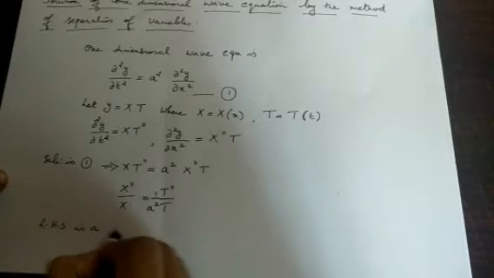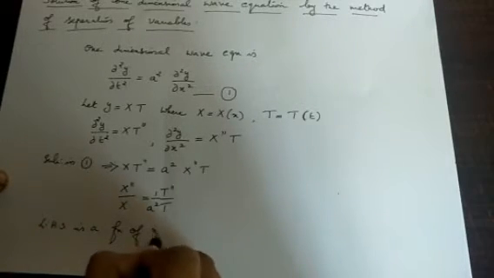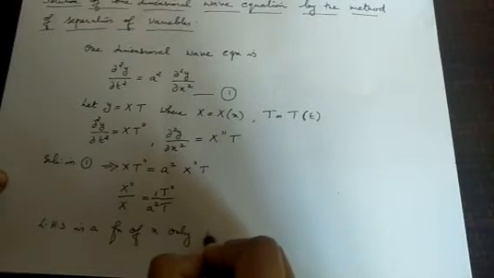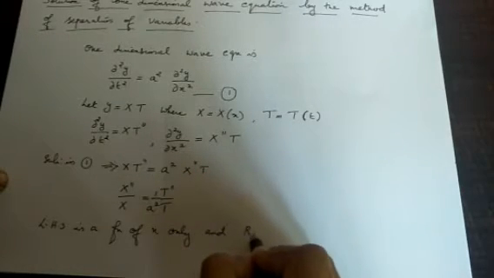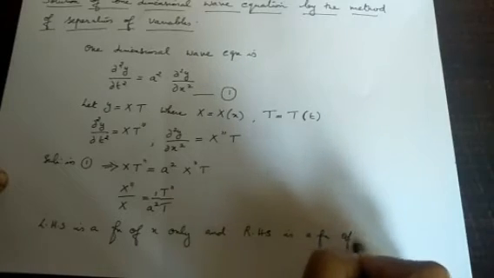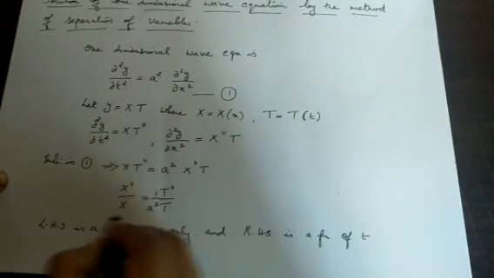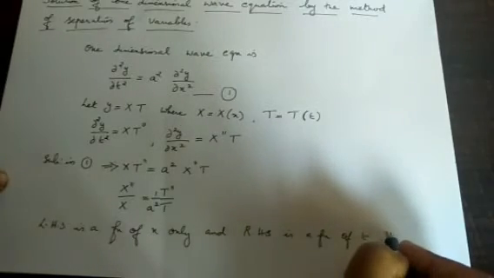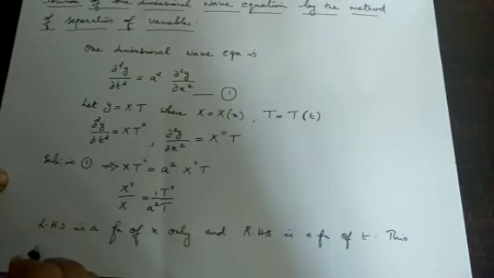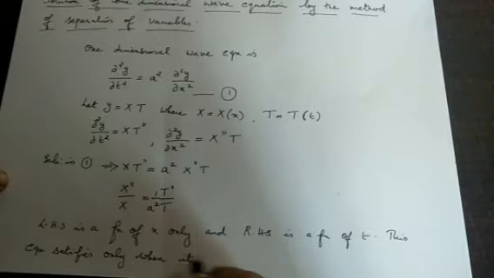Here the left-hand side is a function of x only and the right-hand side is a function of t only. Therefore, this equation is satisfied only when it is equal to some constant k.